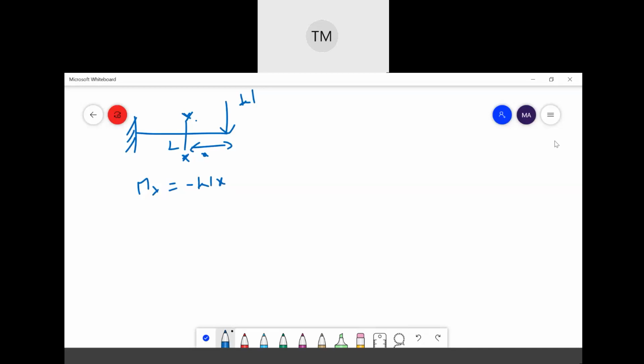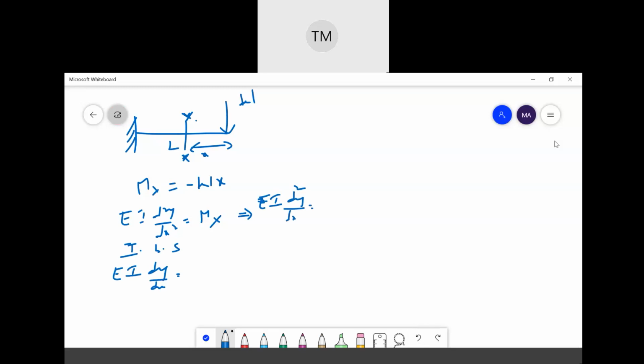What is the differential equation? You have EI d square y by dx square is equal to Mx, which is minus w into x.